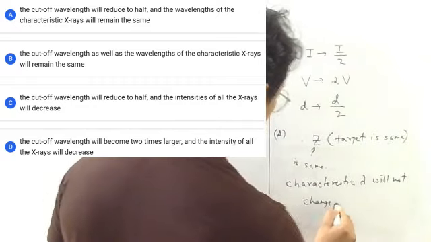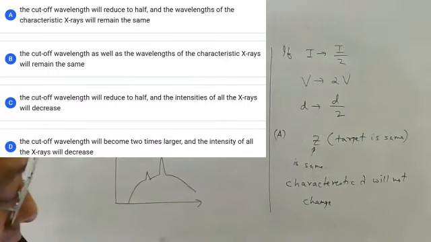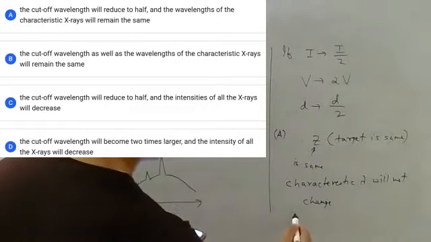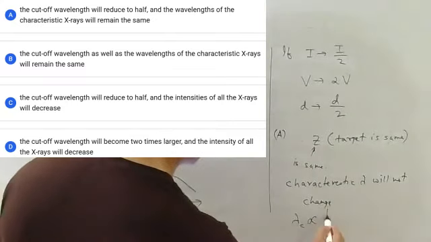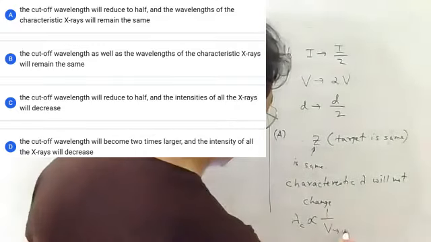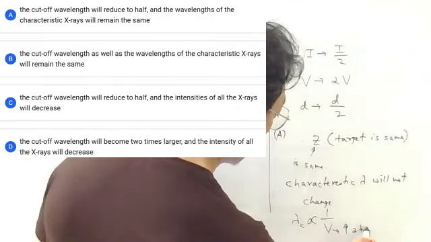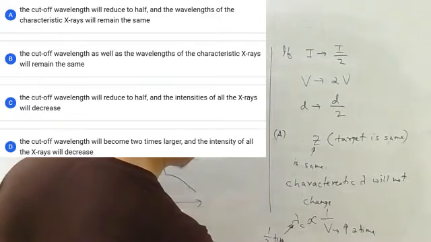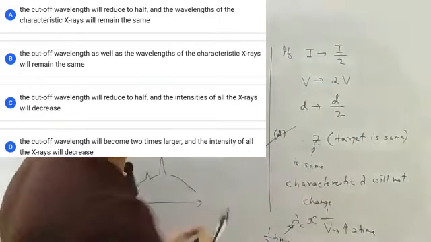So that part of option A is correct. But they told cutoff wavelength will reduce to half. That is also correct because cutoff wavelength is inversely proportional to voltage. So if voltage increases 2 times, cutoff wavelength will become half times. So option A is very much correct.